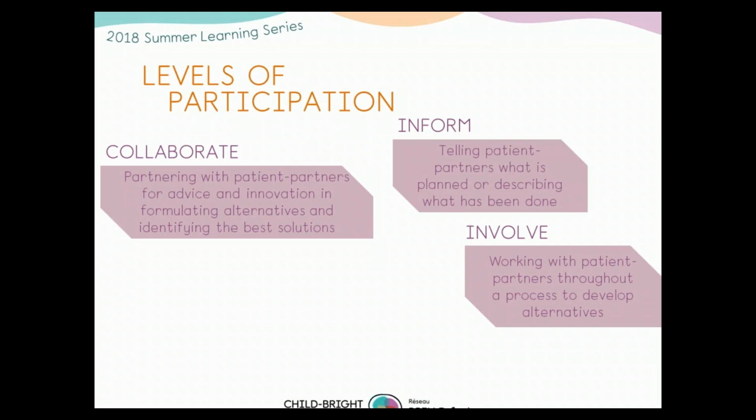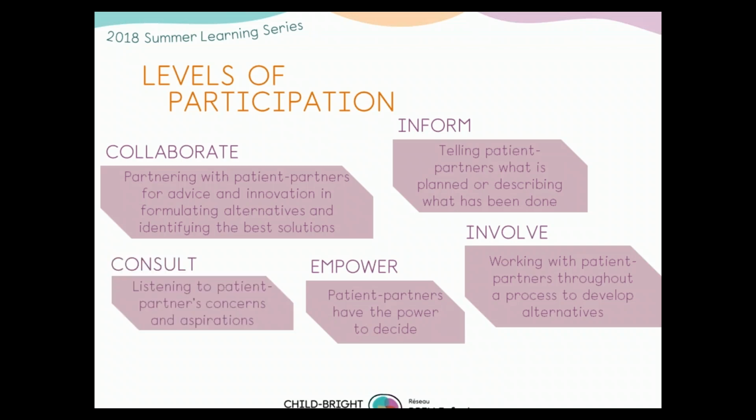Informing ultimately leads to the point of keeping patient partners informed about updates or current ongoing practices. When you reach the level of empowerment, patient partners have a direct impact on influencing the decision and ultimately have the power to generate the change or to pursue an alternative that is being considered.